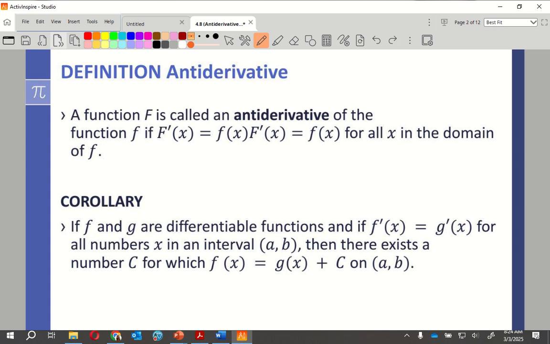Probably not. So, g and f are differentiable functions. If f prime is equal to g prime for all x in the interval, then there exists a number c such that f of x is equal to g of x plus c. That plus c is going to be what gets most people here.